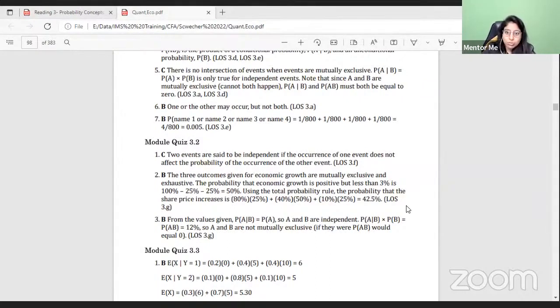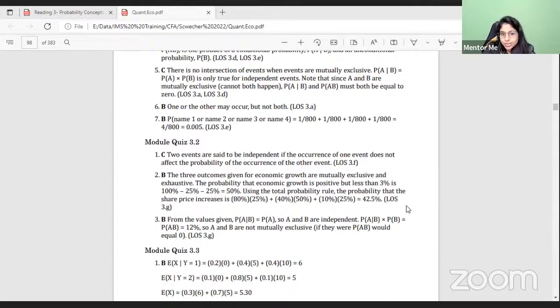We want to know the probability of the share price going up. So first of all, we take the average here. These are dependent events, so we would have to multiply them to get the joint probability, as discussed in the last class.